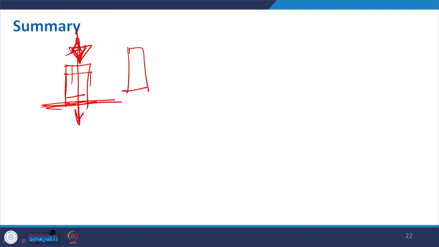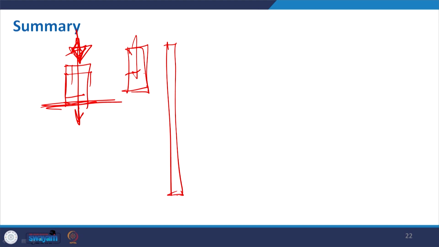Whenever you have a short column, where the length of the column is not much bigger than the cross section, crushing will take place. In place of that, if you have a larger height compared to the base, then buckling will take place. Based on that, we also discussed different types of compressive structure.